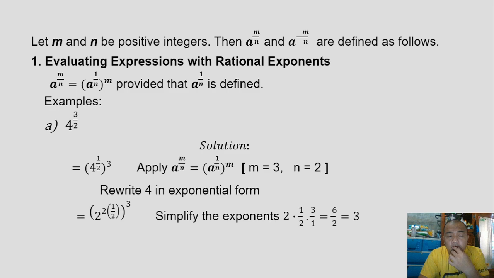Then let us multiply the exponents. 2 times 1 half is 1. So 2 raised to 1, raised to 3. Multiply the exponents: 3 times 1 is 3. Therefore the answer is 2 cubed, or 8, because 2 times 2 times 2 is 8. That's how we evaluate expressions with rational exponents, or what we call simplifying rational exponents. So 4 raised to 3 halves is equal to 8.